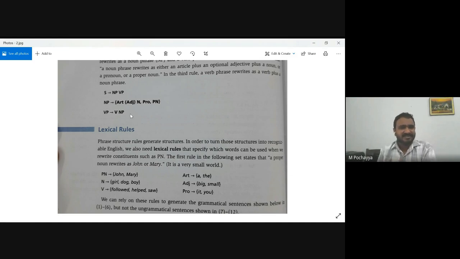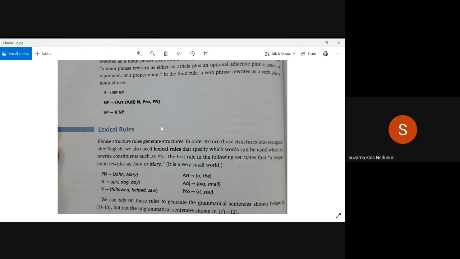In the terminology of grammar, when the same analysis was adapted into grammar, we call this noun phrase the subject and verb phrase the predicate. But in syntax, technically we should call it noun phrase and verb phrase. Got this point? Yes, sir.